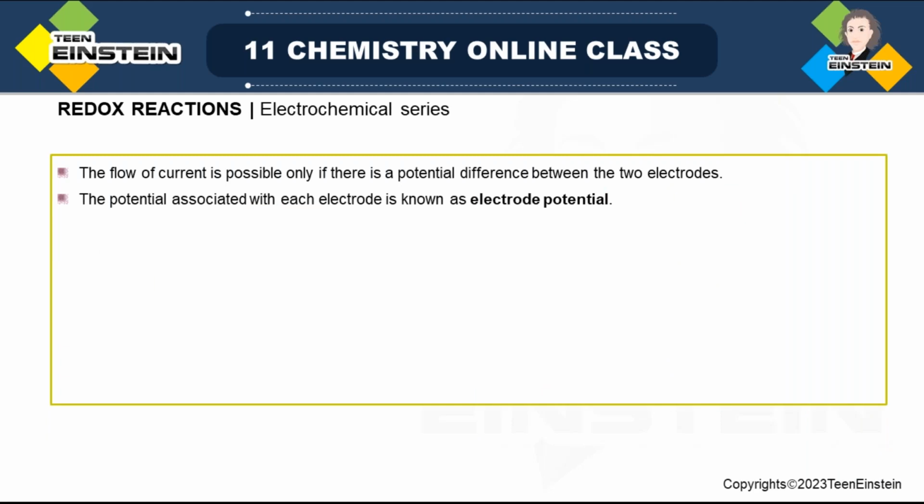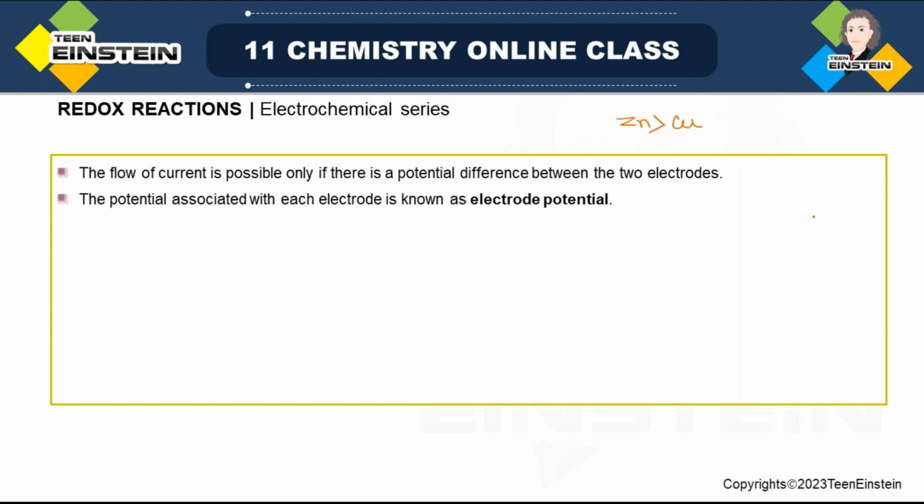Now we will come to the electrochemical series. Remember what we have said in the first two experiments we have seen. In the first experiment, a zinc strip is dipped in copper sulfate. There we have proved that Zn has more tendency to donate electrons compared to copper. And then we have also done another reaction where a copper strip is dipped in AgNO3 solution.